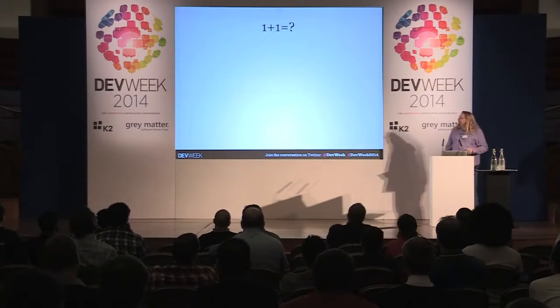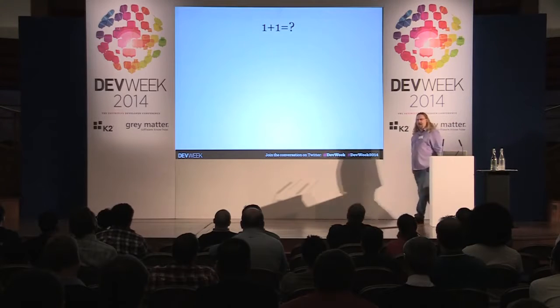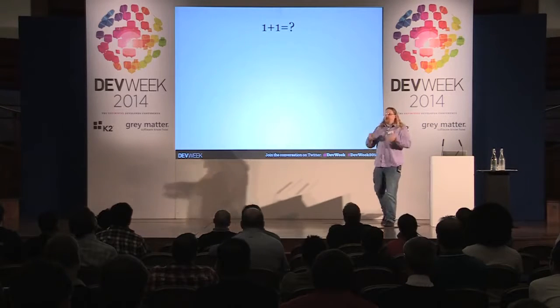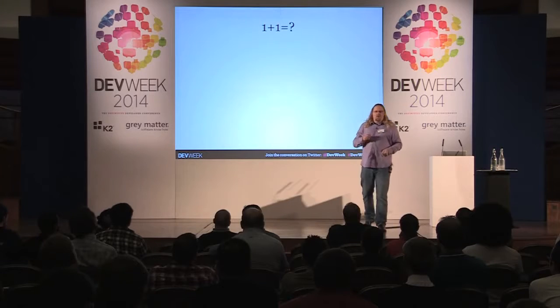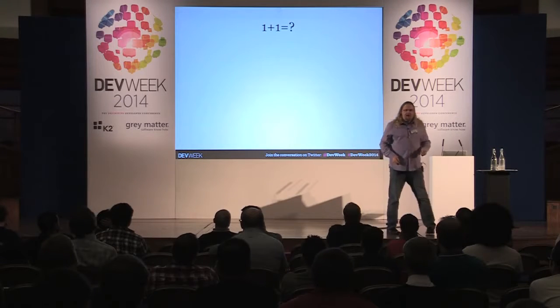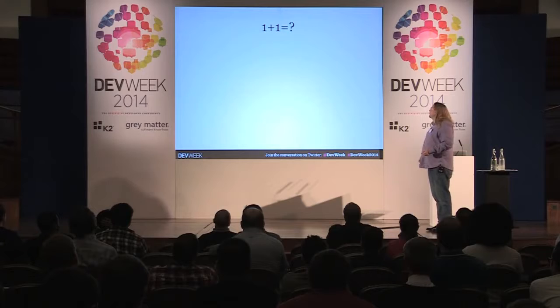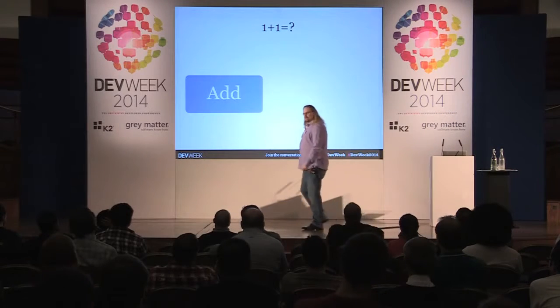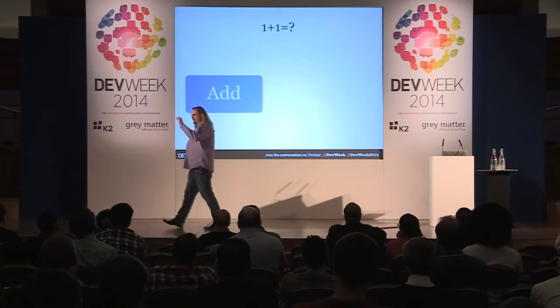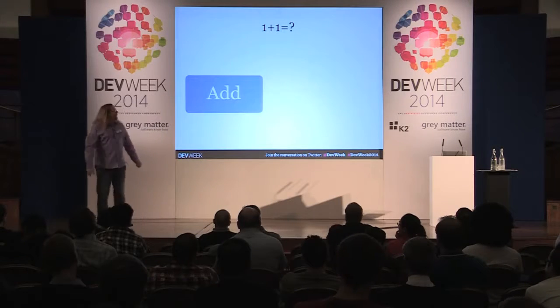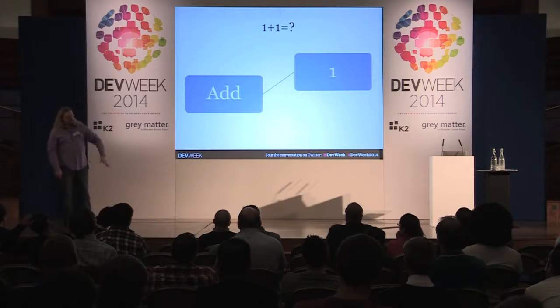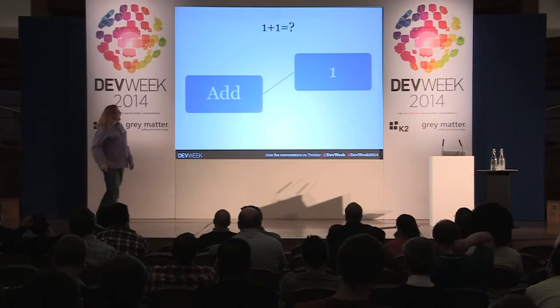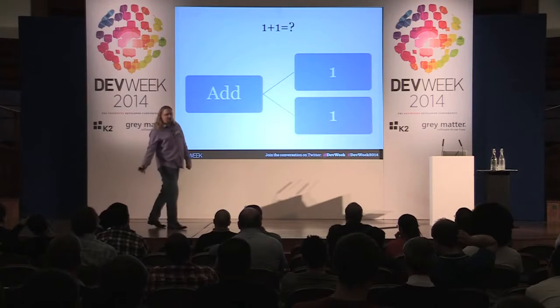What is 1 plus 1 as an expression? How would you expose the idea of adding 1 and 1 as an expression? Where would you start? Well, if you start from the add, we have an add operation, and then on the left-hand side we have a constant of 1, and on the right-hand side we have a constant of 1.